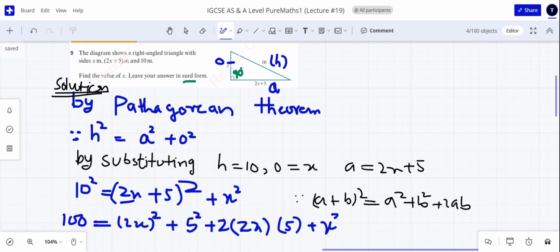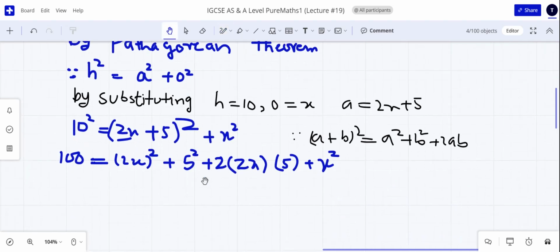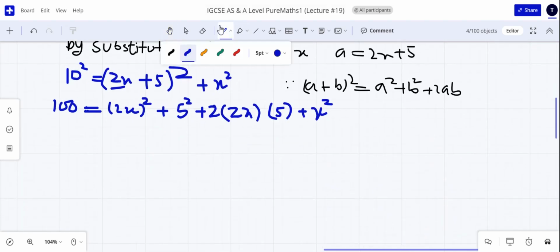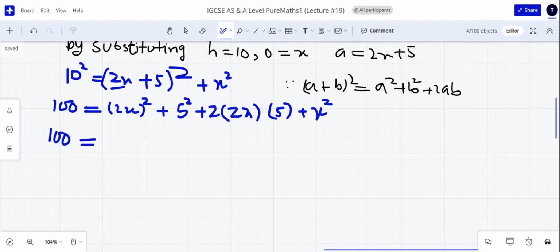Actually we need to get a quadratic equation. So 100 we will keep the same, and it equals 2 squared, which is 4x squared, and 25, then plus 2 times 2 is 4x, 4 times 5 is 20, so 20x, plus x squared.